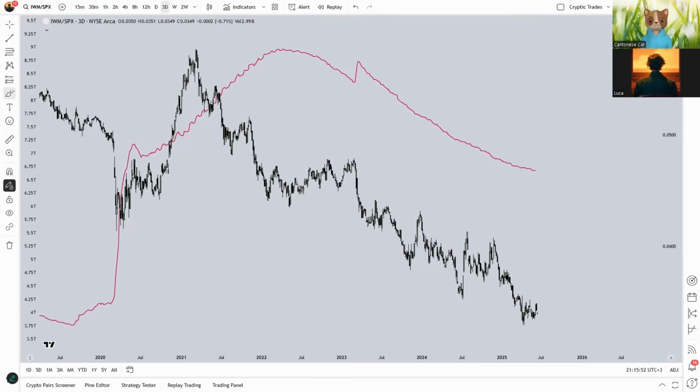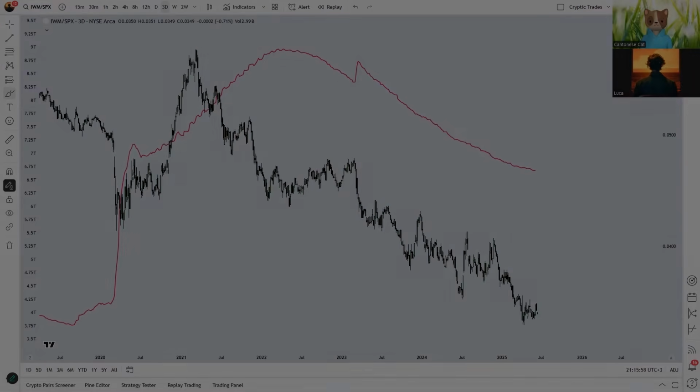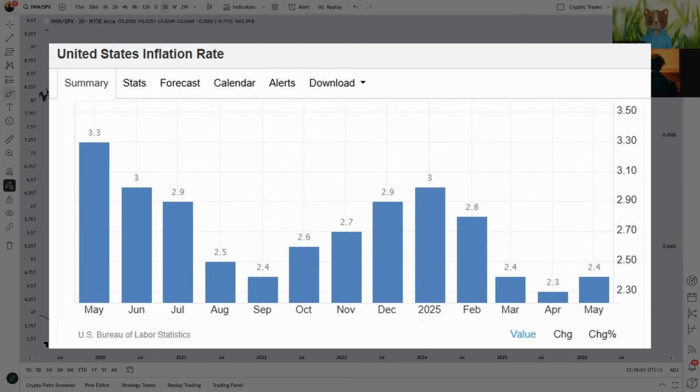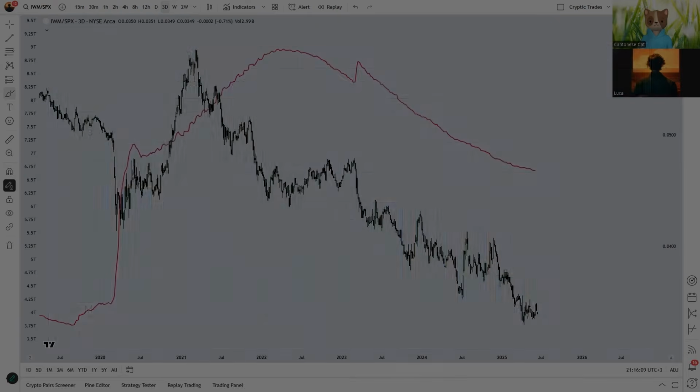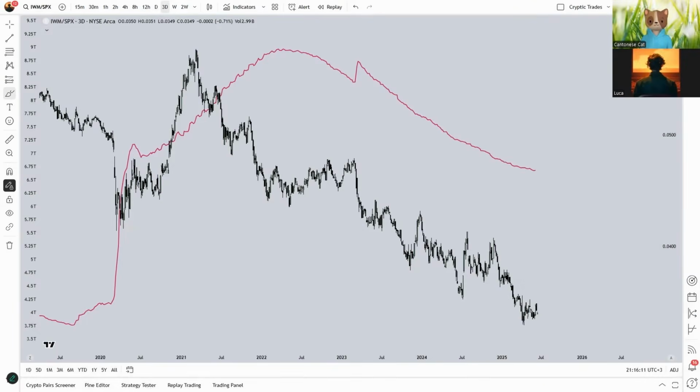Yeah, exactly. Especially since we've seen inflation cooling off over the last couple of months. We've seen three consecutive readings below 2.5%, which gives us a clear indication of where monetary policy is headed next. And I think that is the end of quantitative tightening.